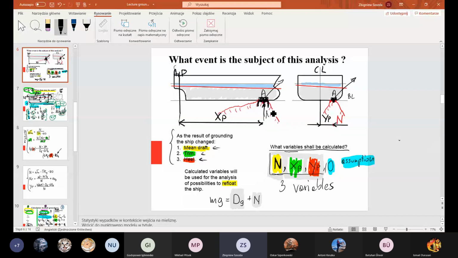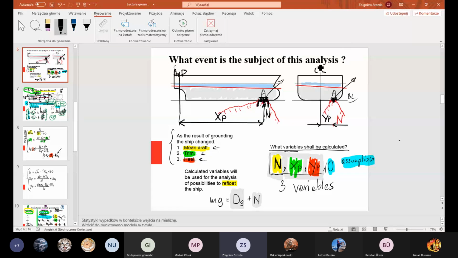So N is the force that replaces pressure above the area, and A is the point of action of this force. And I did assume at the last stage that the point of action is the center of gravity of the artificial weight that will be discharged from the ship.